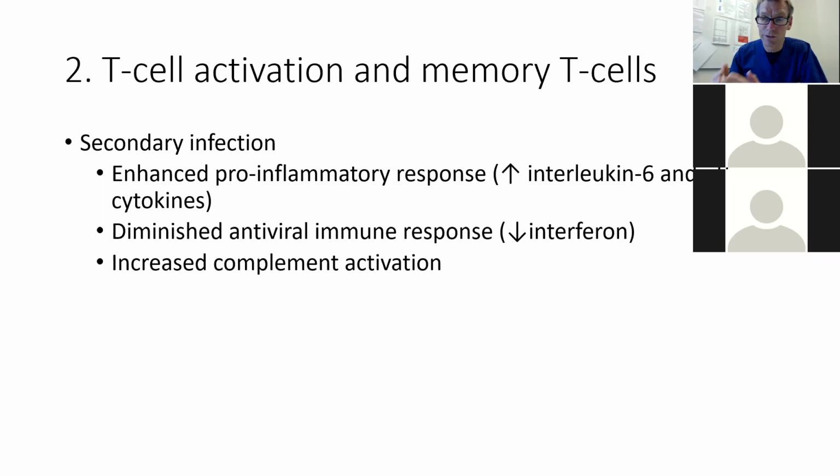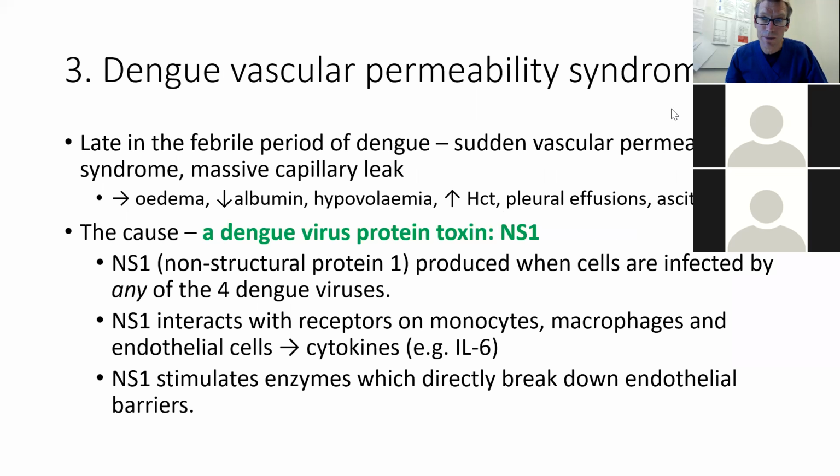I'll leave it at that, but there's a lot of different things that happen with the second episode of dengue, including enhanced cytokine production, reduced antiviral production, so reduced interferon, and sometimes enhanced complement activation, which means that there's just a lot more inflammation going on when you've got a second episode of dengue.